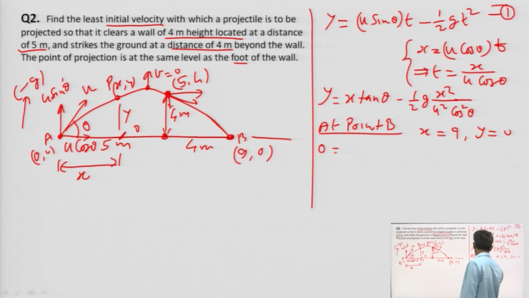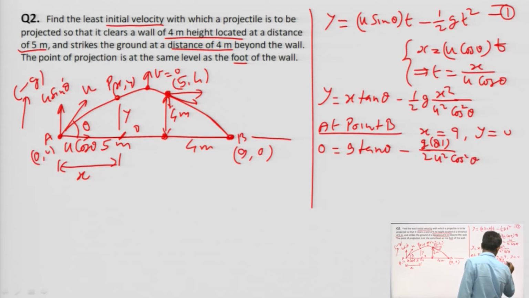So, 0 equals 9 tan theta minus half g by 9 is 81, okay, 81 g divided by 2 u square cos square theta.